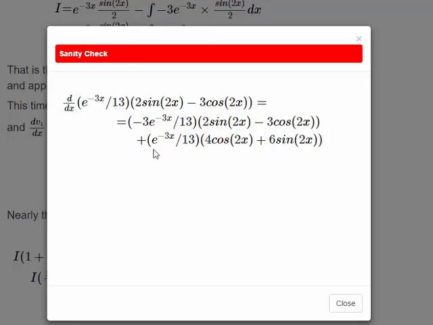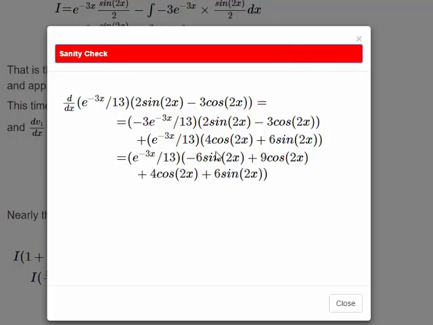So let's take e to the minus 3x over 13 outside of a bracket, and then taking that minus 3 in there, I'm going to get minus 6 sine 2x plus 9 cos 2x, and then I have the second terms here, 4 cos 2x and 6 sine 2x. 6 sine minus 6 sine, so they cancel. 9 cos plus 4 cos is going to be 13 cos, so that will give me e to the minus 3x cos 2x, which is correct. So we can have a nice red tick.